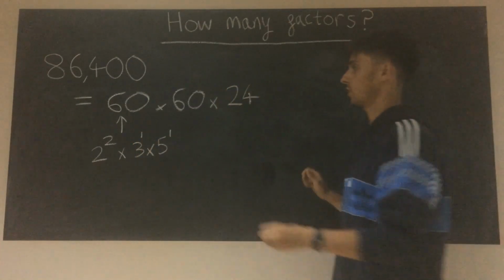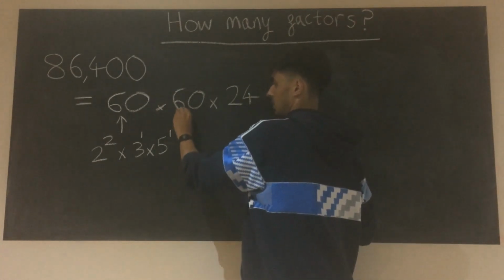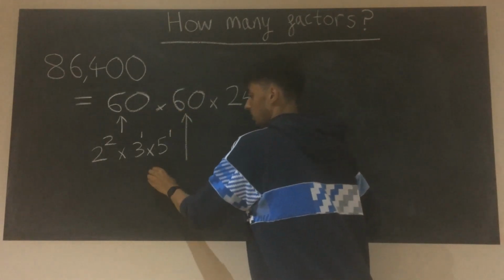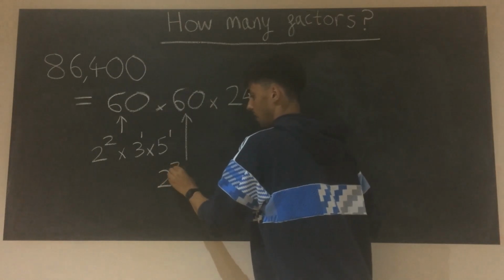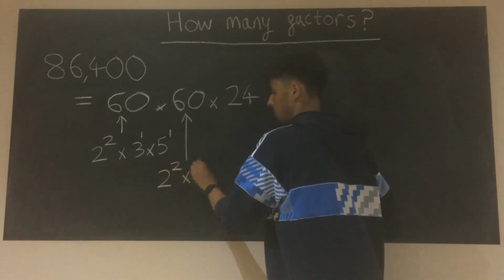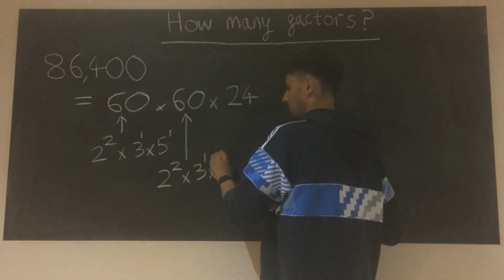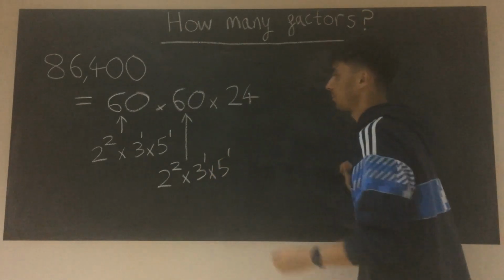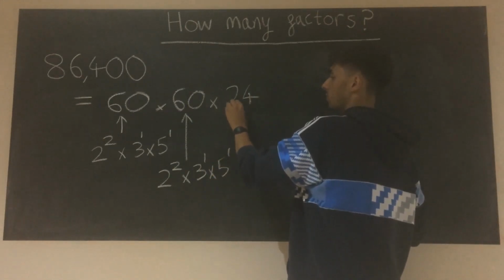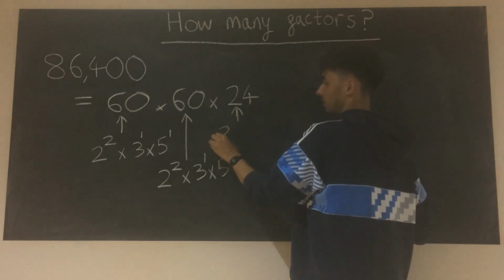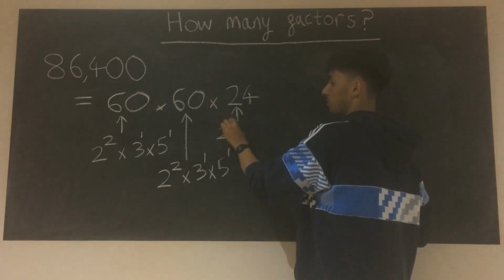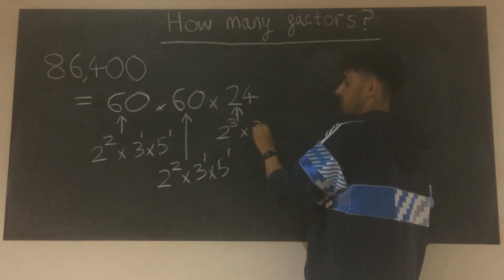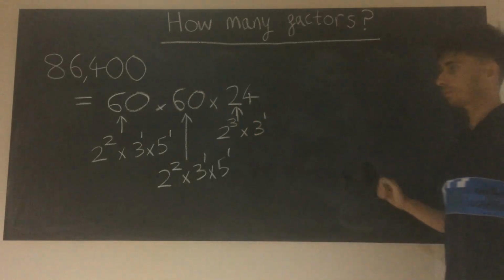You can check me if you like. We have another 60 there, so we can write it the same way. 2 to the power of 2 multiplied by 3 to the power of 1 multiplied by 5 to the power of 1. And 24, like we saw earlier, can be written as 2 to the power of 3 multiplied by 3 to the power of 1.